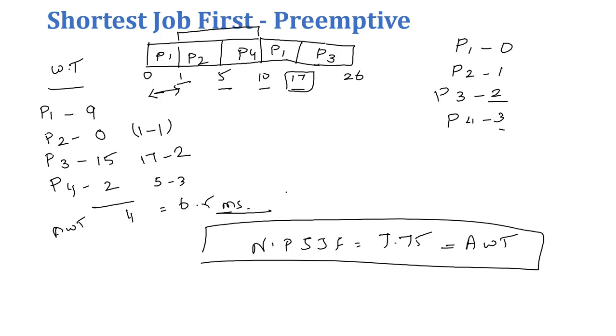So comparatively, preemptive shortest job first has a lower waiting time. This is one advantage of preemptive shortest job first.